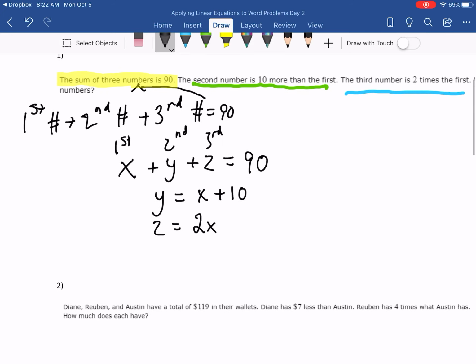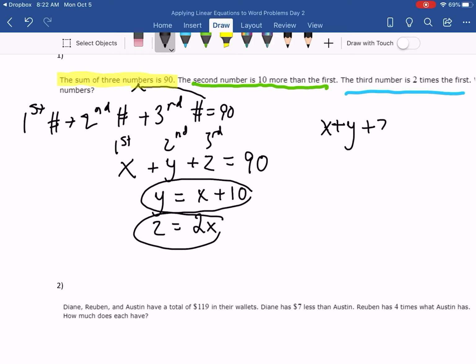Okay, so now what we'll do, we'll take the second and third equations and substitute into the first. Let's rewrite it over here. I have more room. So we had x plus y plus z equals 90. The second equation tells me y is equal to x plus 10. So if I get rid of y over here, I can put in x plus 10.